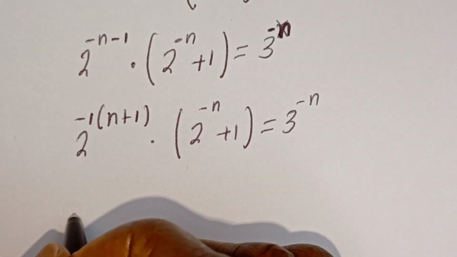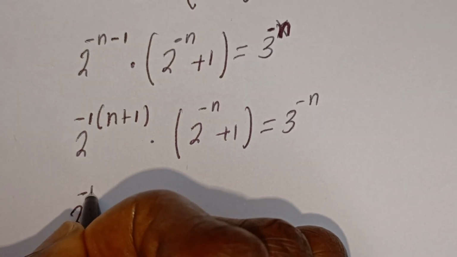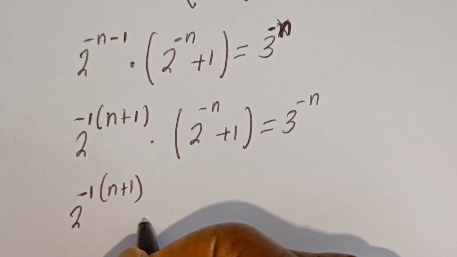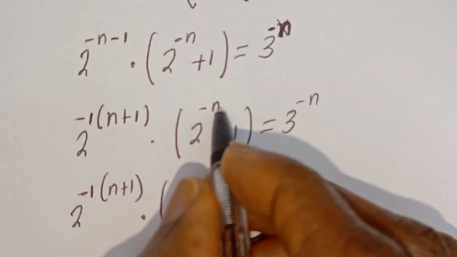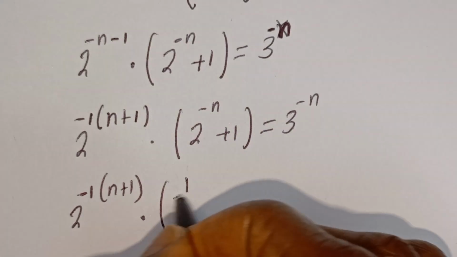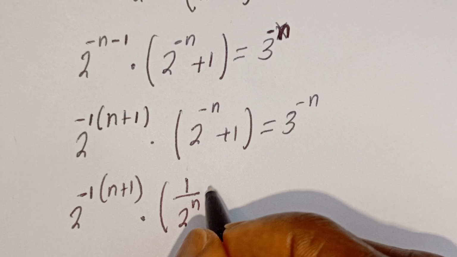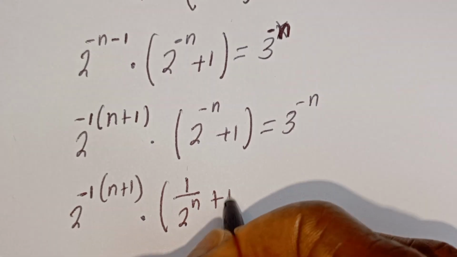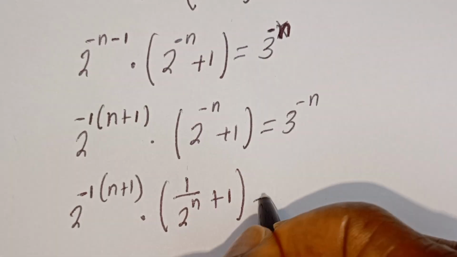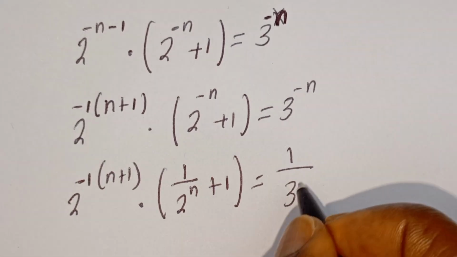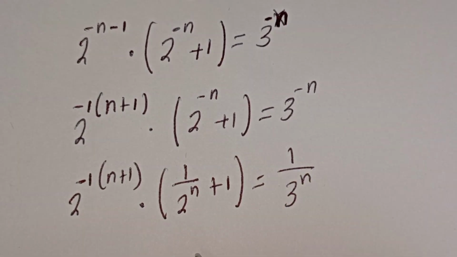Then let's take the reciprocal of this. This is 1 divided by 2 to the power of n plus 1 is equal to 1 divided by 3 to the power of n.